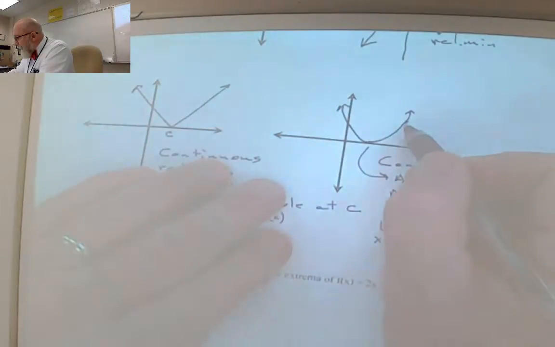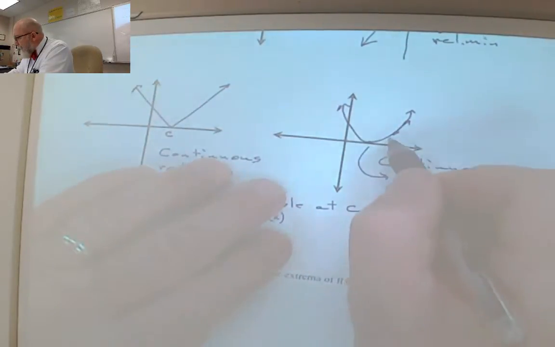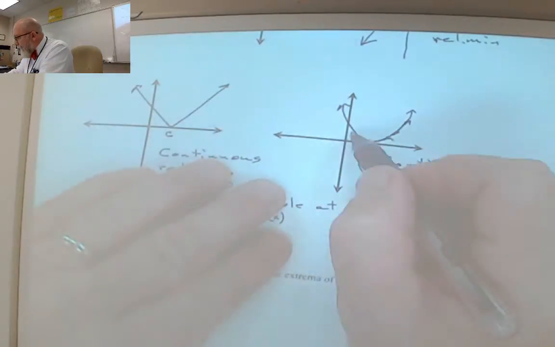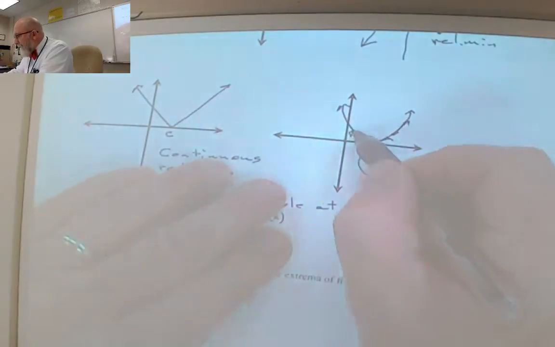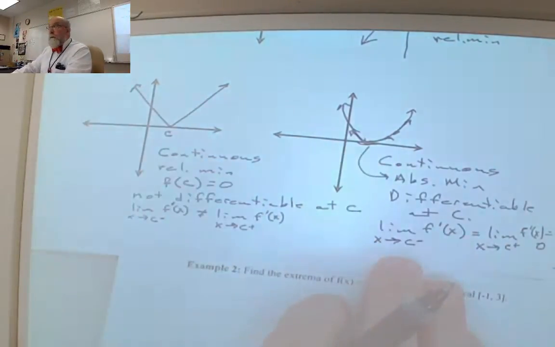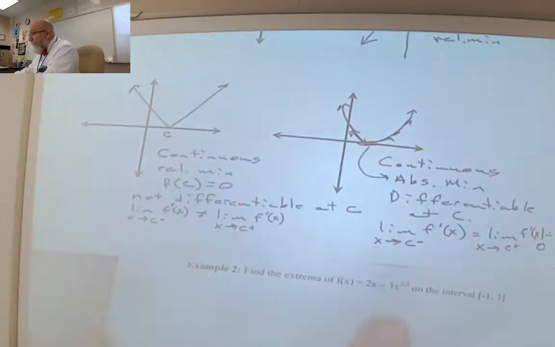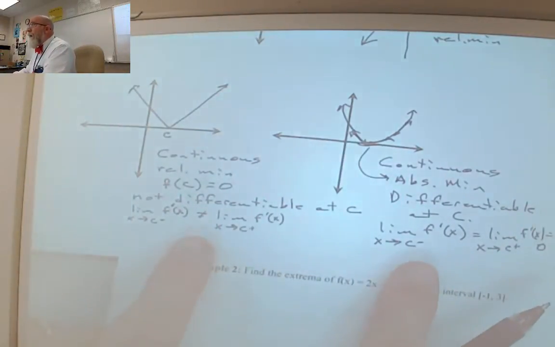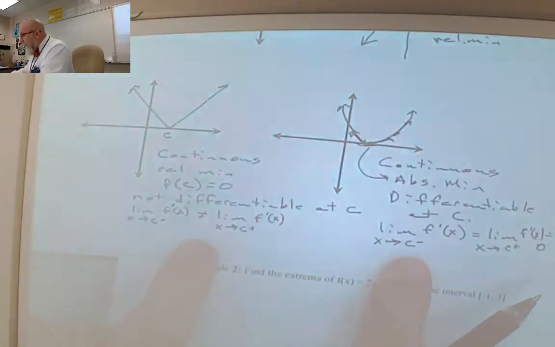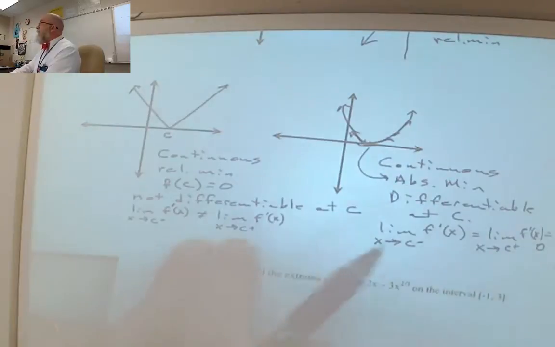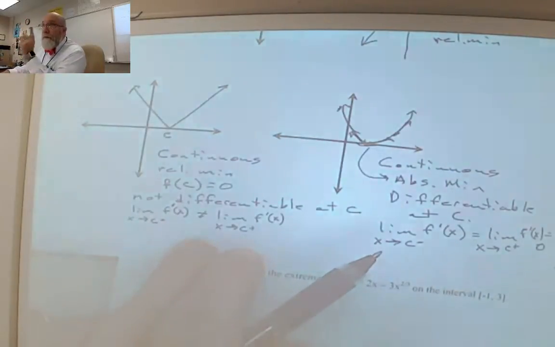Here's a tangent line. Here's a tangent line. It starts to flatten out to 0 on both sides, correct? So minimums or maximums can occur when the derivative is equal to 0 or when the derivative does not exist.